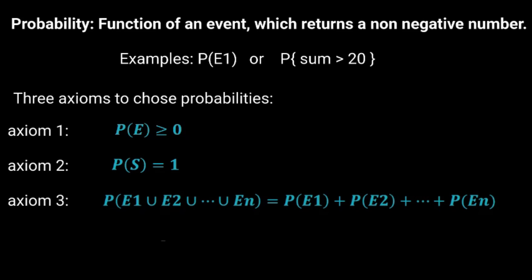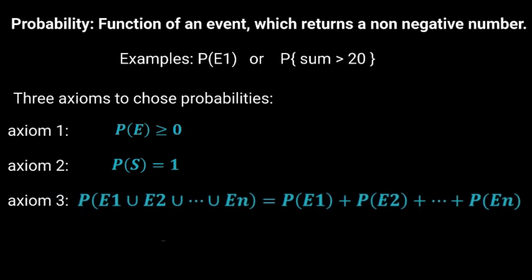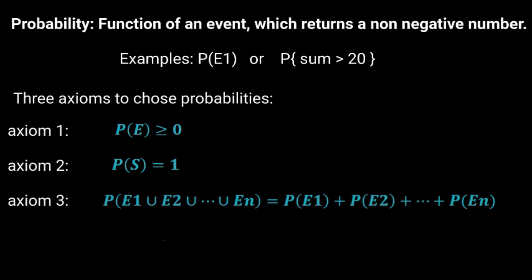Axiom 1 states that the probability of any event must be a non-negative number. Axiom 2 states that the probability of the entire sample space, by considering it as a single event, is unity. Axiom 3 states that the probability of the union of n mutually exclusive events is equal to the sum of their individual probabilities.